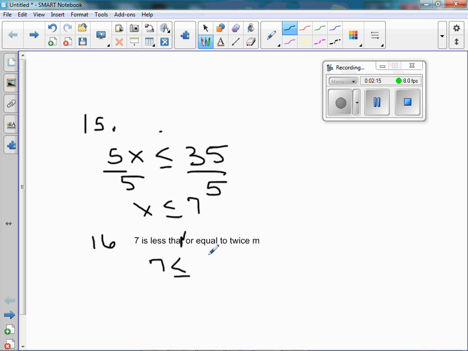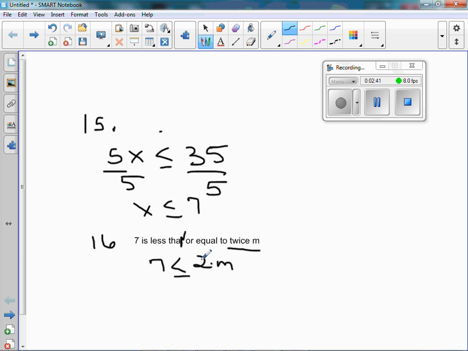The rest of the question says then twice m. So you have to put 2 times m. 7 is less than or equal to 2 times m is the inequality.